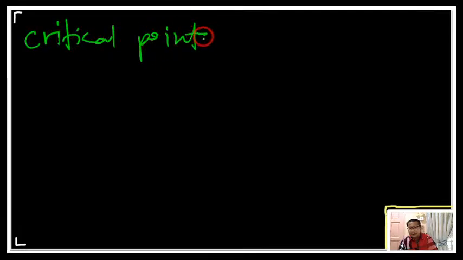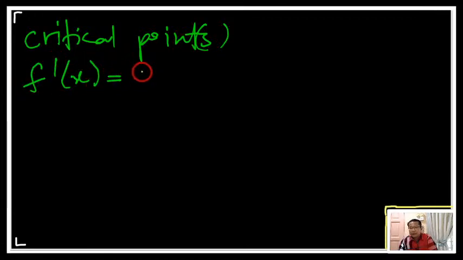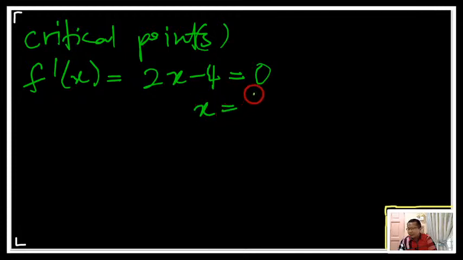The next is the critical point. You need to find the critical points, or 1 point maybe, we don't know. So f prime x is equal to, you differentiate, you get 2x minus 4, and this one is equal to 0, so x equal to 4 over 2 equal to 2.